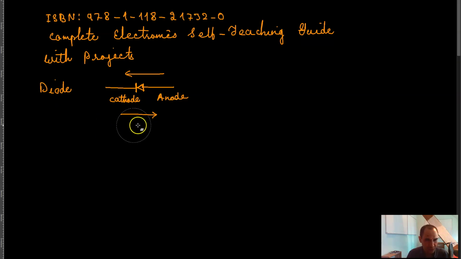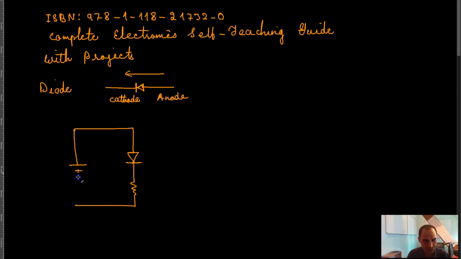You know that a diode conducts this way, meaning that if you have a power supply, this is positive and this is negative, you connect the positive to the anode, and the cathode is connected, for example, through a resistor to the negative. Now your diode is conducting and current is going through the circuit.